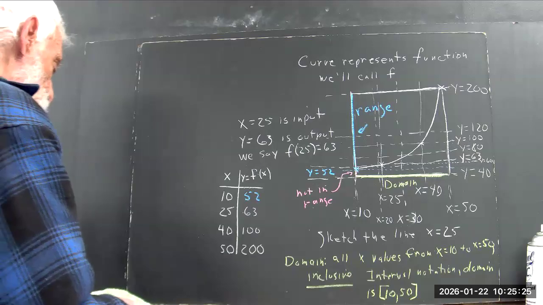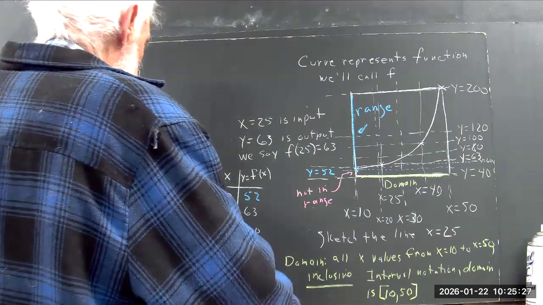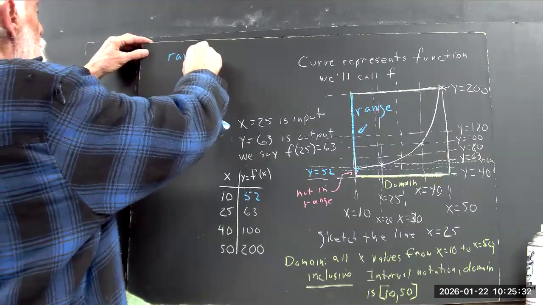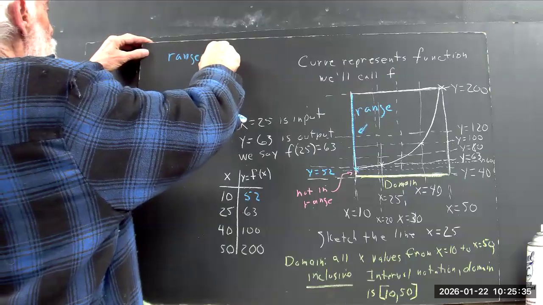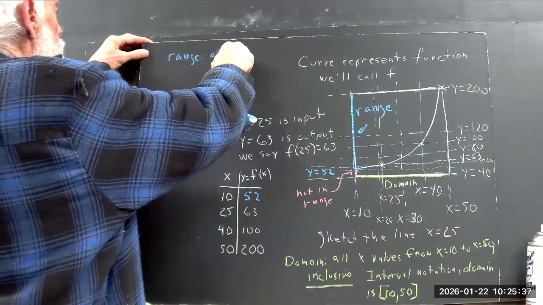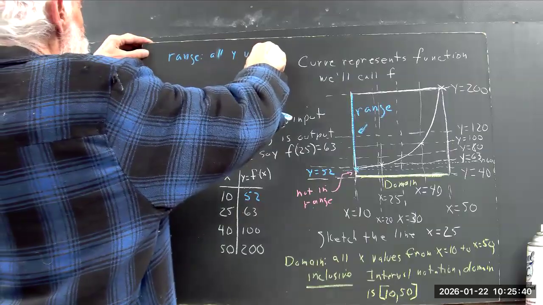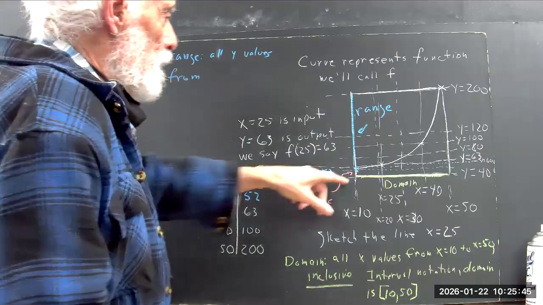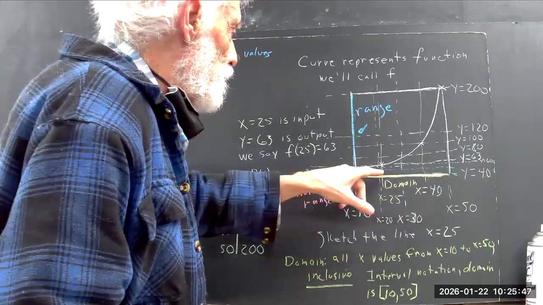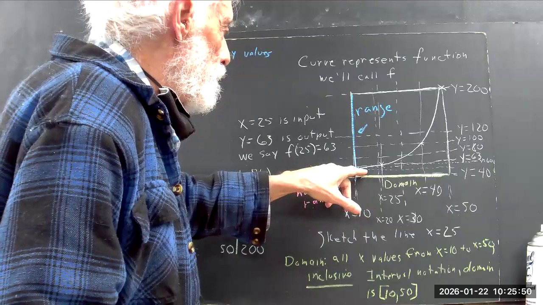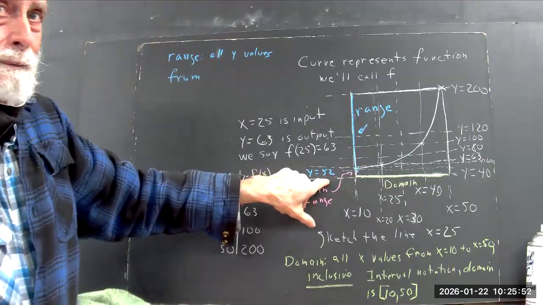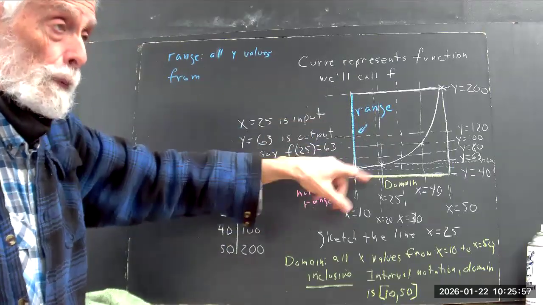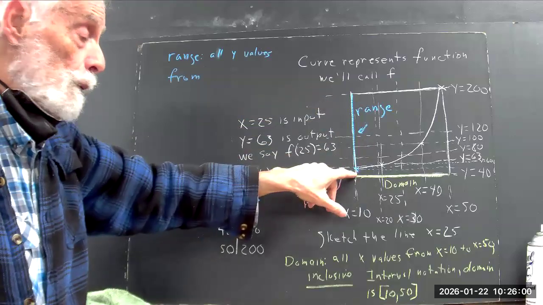Now the range, according to my estimates, the lowest y value was 52. Okay. I estimated for the point on the left edge where the curve meets the left edge that y equals 52.